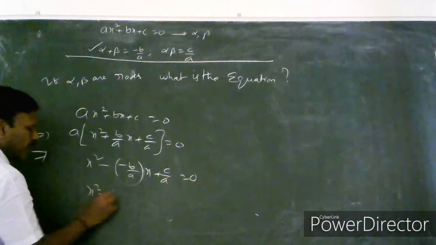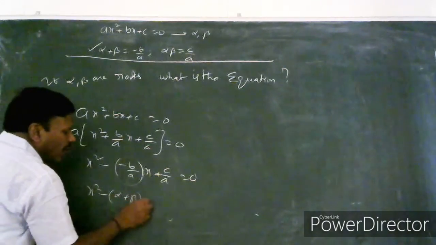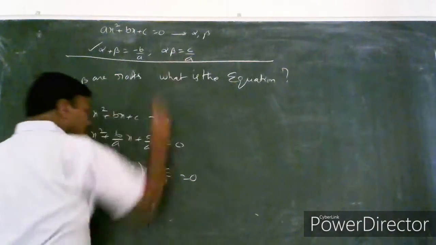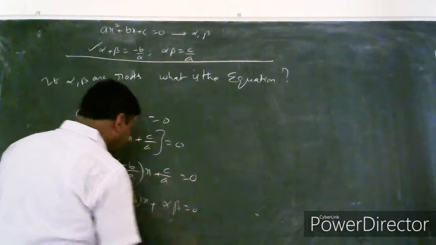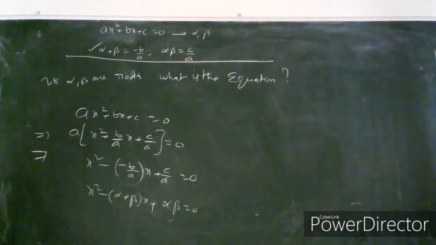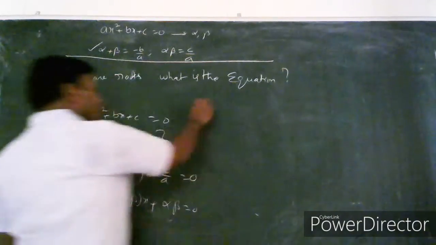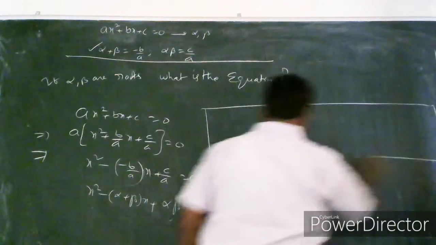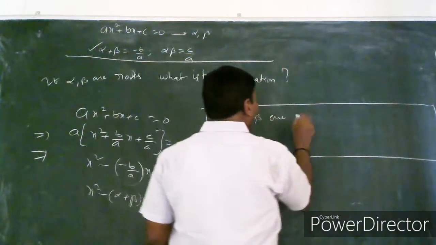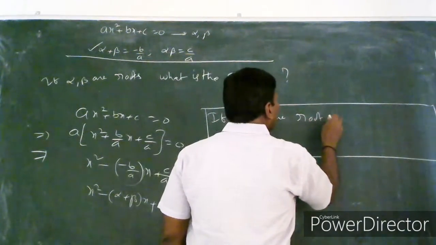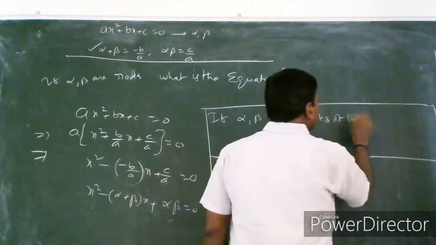X square minus of alpha plus beta into x. C by a means alpha beta. So this is the formula. If alpha, beta are roots of the equation, this is the formula.